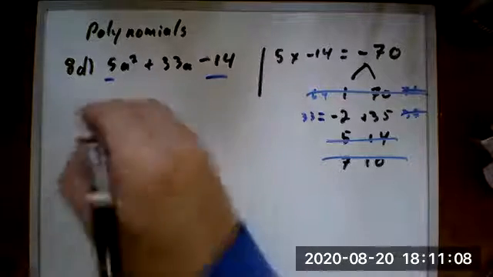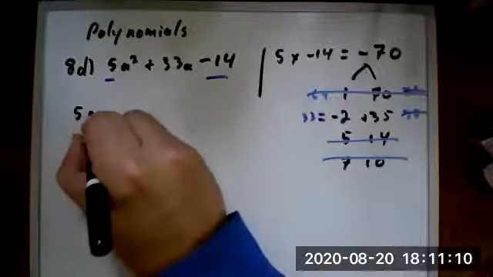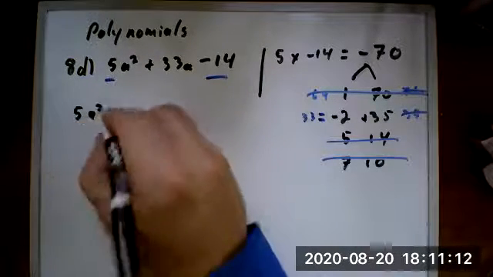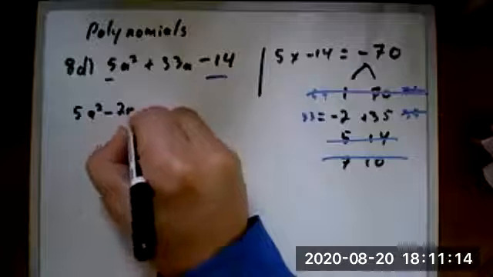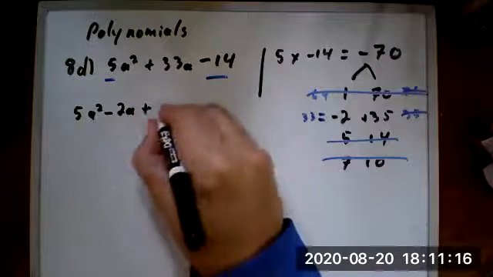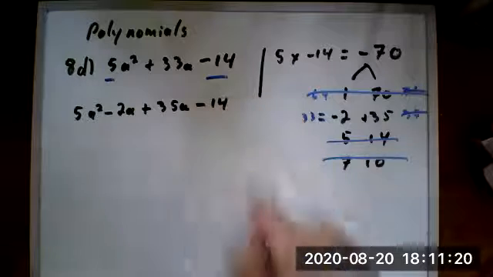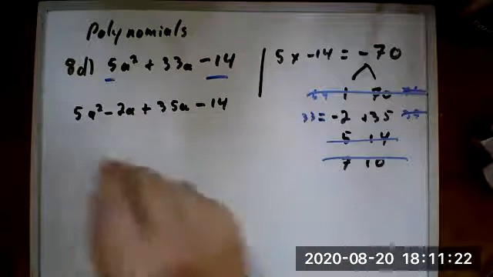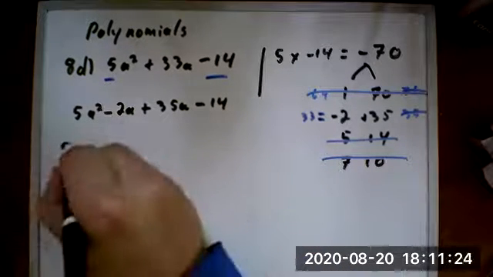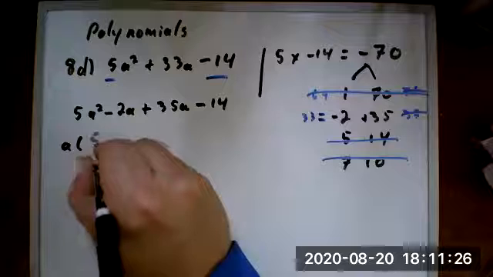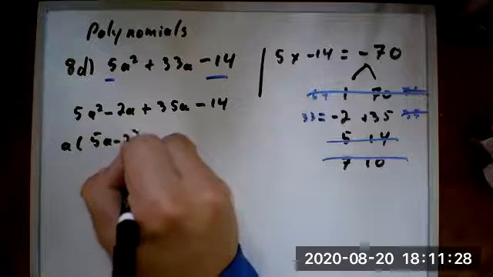So then we break apart our equation. 5a squared minus 2a plus 35a minus 14. Out of the first two terms, I can pull out an a, leaving me with 5a minus 2.